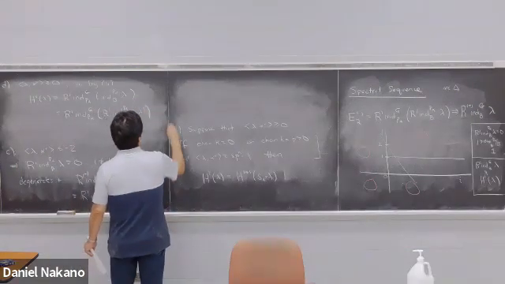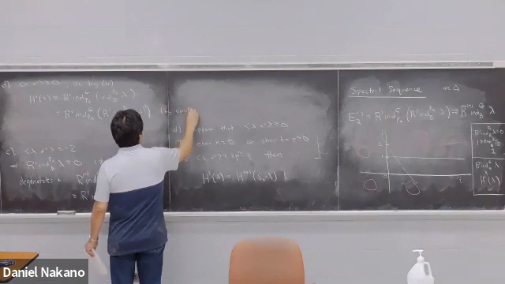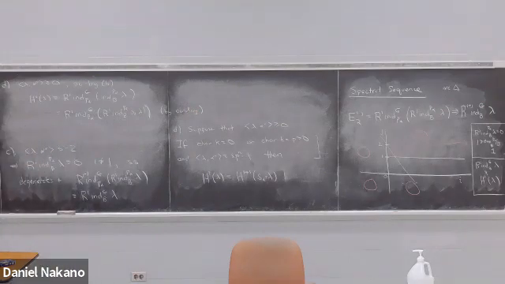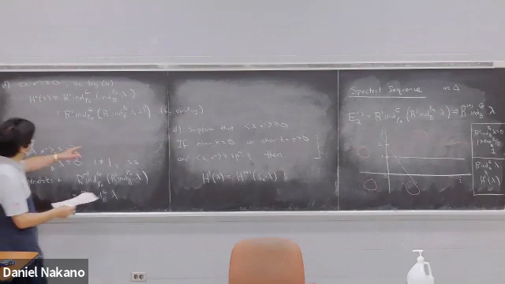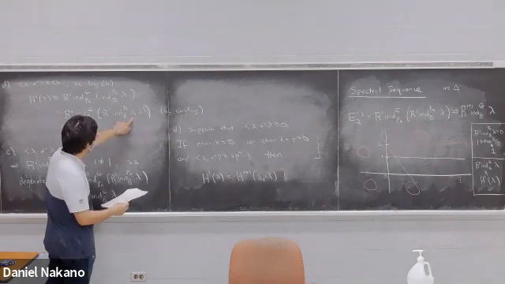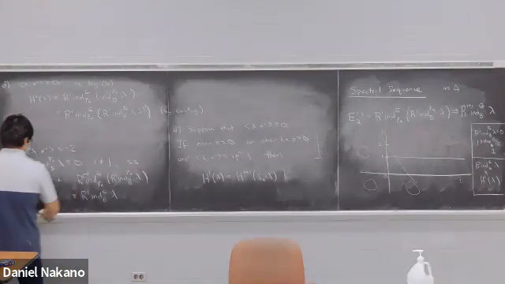This is by the corollary. Now we had a formula for s alpha dot lambda over here.